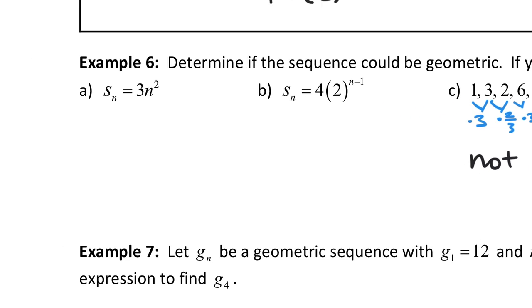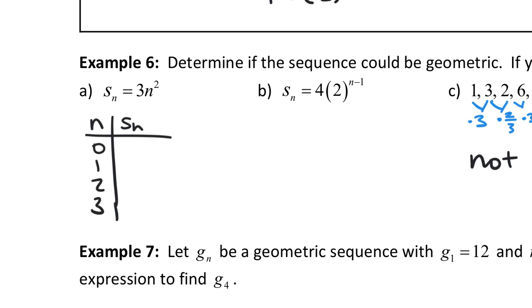Let's check A and B here. These are the ones where we need to get some values in my sequence to see how they're changing. So if we have n and s sub n, 0, 1, 2, and 3. If we're plugging in 0 to this function, what is 3 times 0 squared? Let me back up. What is 0 squared?